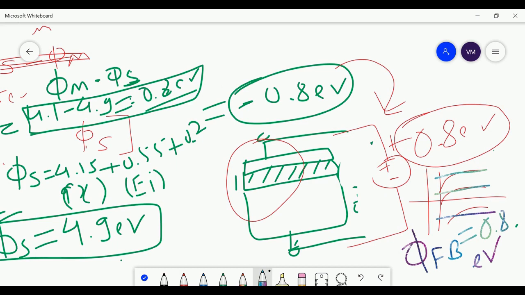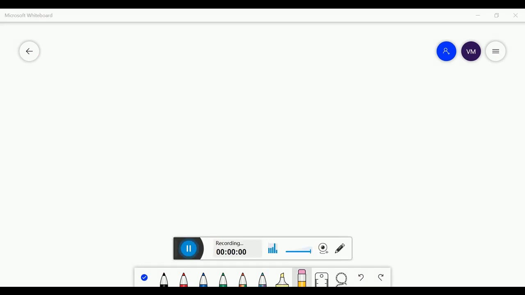Let's move forward. Now we will concentrate on the MOS system under external bias. So what we'll do, we will understand the entire MOS system when we apply an external voltage on the gate terminal. So hello students, let us now focus on the MOS system under external bias.